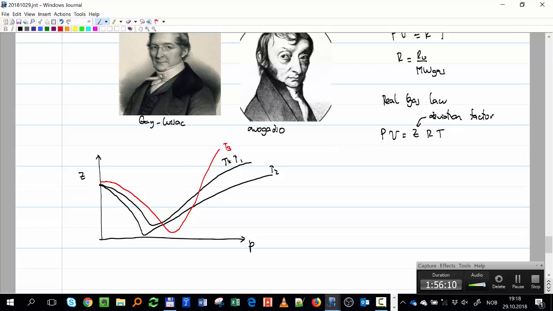But these guys were clever and asked how we can solve that problem. We want an expression that doesn't depend on the substance, since that was different for every substance. So they came with a very powerful principle to make pressure and temperature dimensionless, called the law of corresponding states.